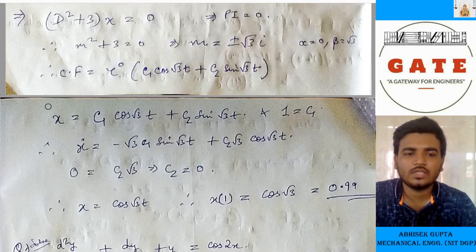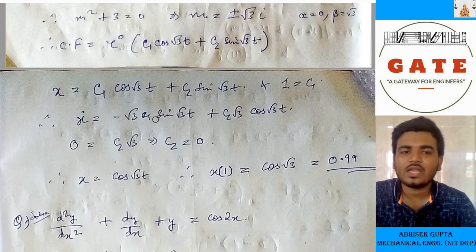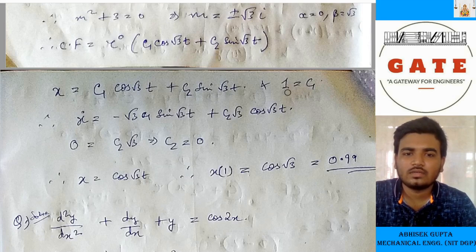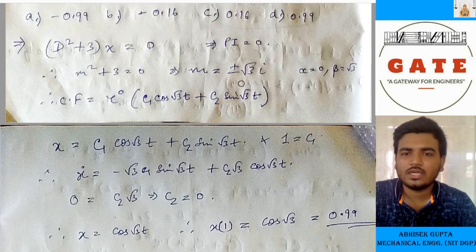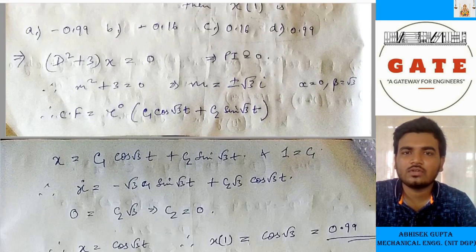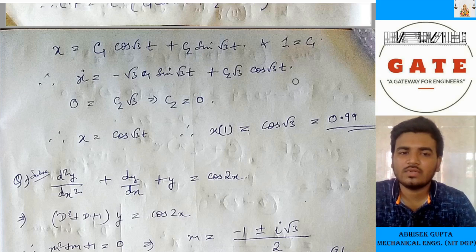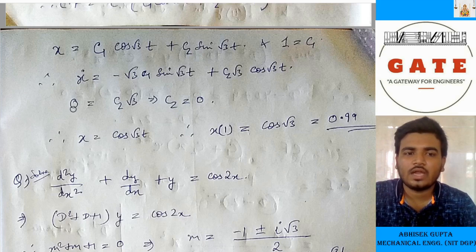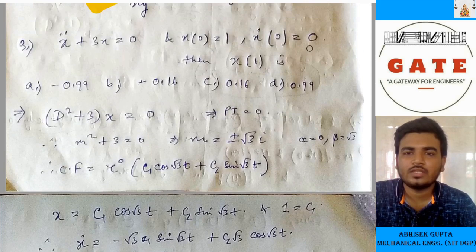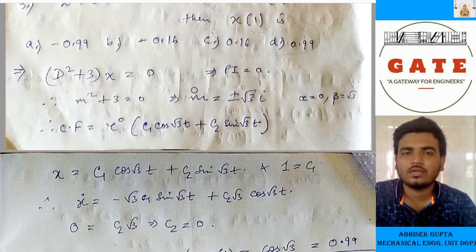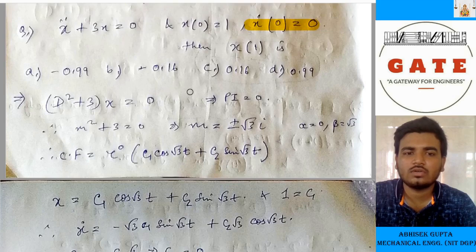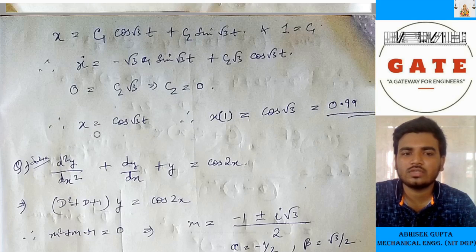So after this, we get x equal to c1 cos root 3t plus c2 sin root 3t, and after putting the condition that x of 0 equal to 1, we will get c1 is 1. On differentiating, we get this equation, and putting the condition that x dot 0 equal to 0, we get c2 equal to 0.